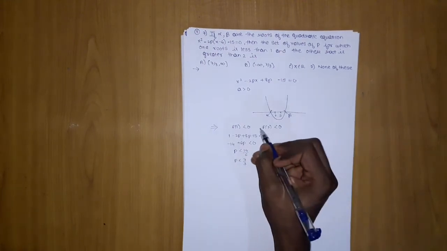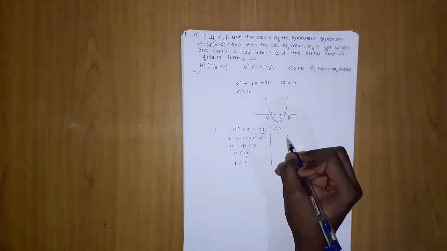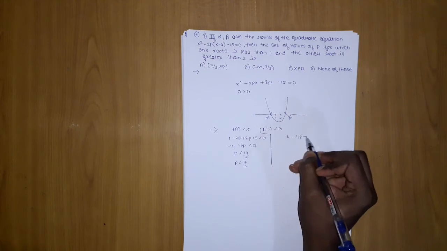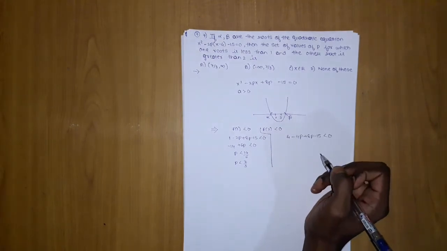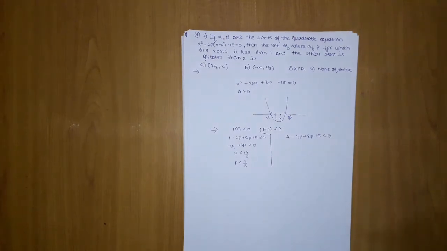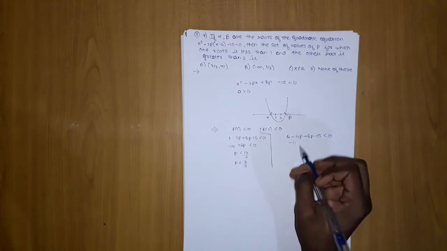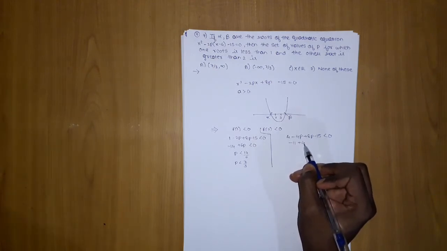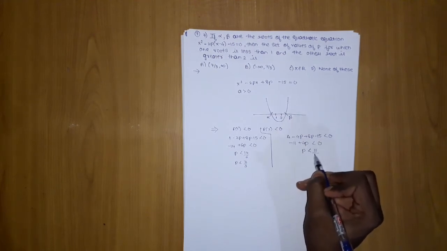Now f of 2 will be 4 minus 4p plus 8p minus 15 less than 0. Moving on further, minus 11 plus 4p less than 0, and then we get p less than 11 by 4.